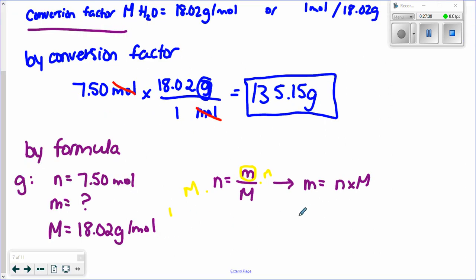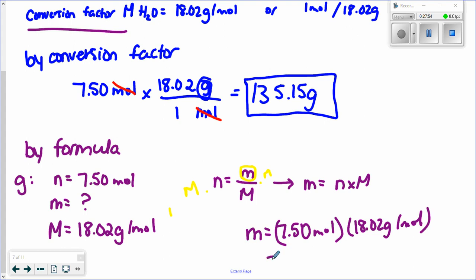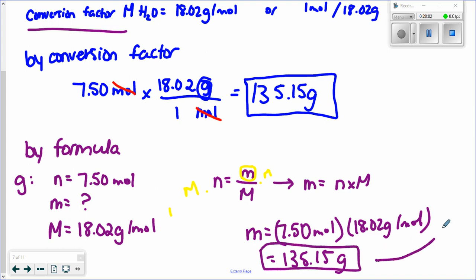And so mass equals number of moles multiplied by my molar mass, 18.02 grams per mole. That's 135.15 grams, which, lo and behold, is the same as we had here.